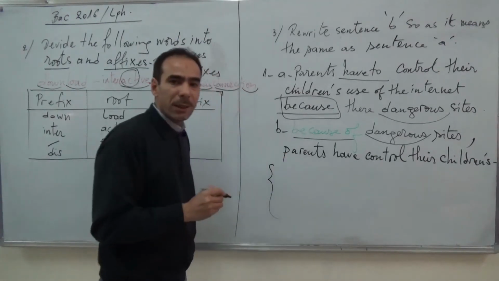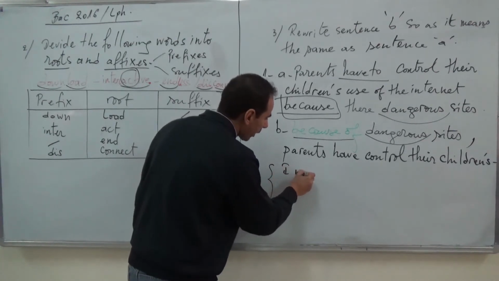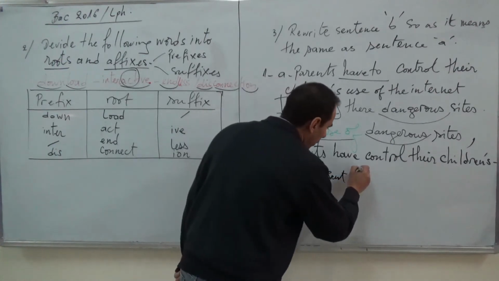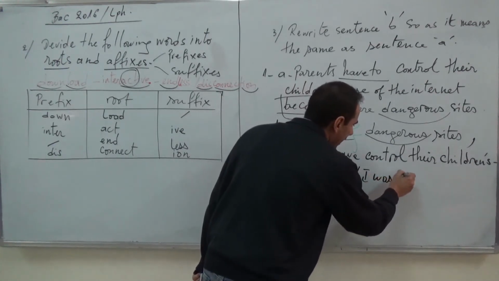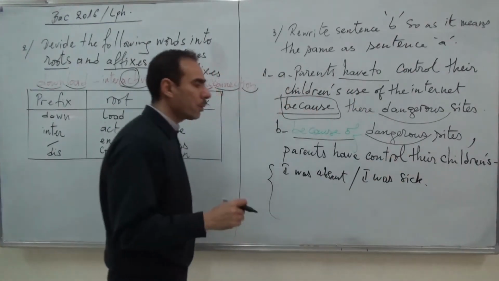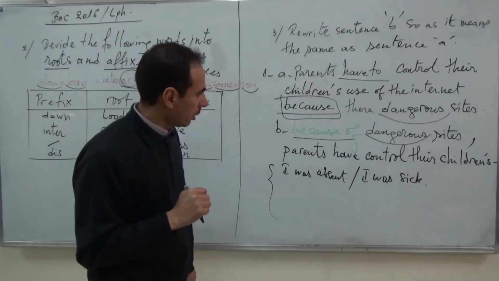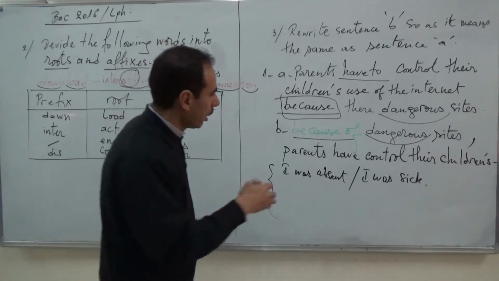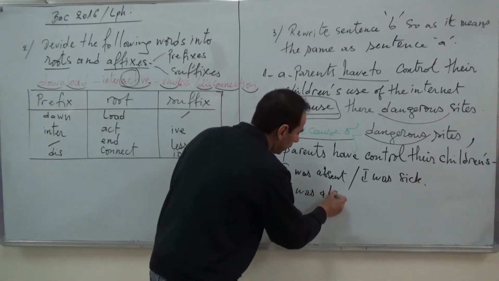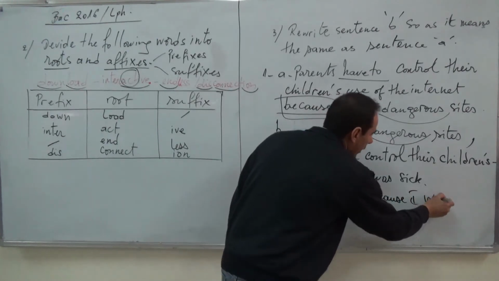To be clearer, I'm going to give you another example. For example, when I say, I was absent, I was sick. I need a connector that introduces a cause clause. For example, here: because I was sick.